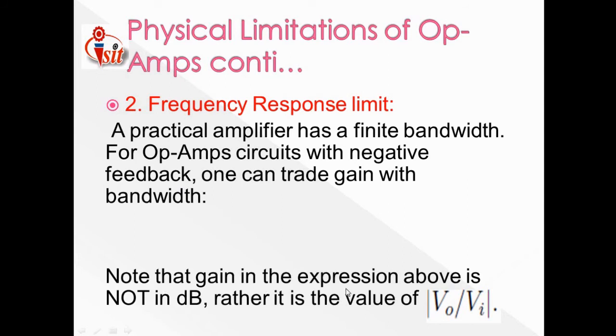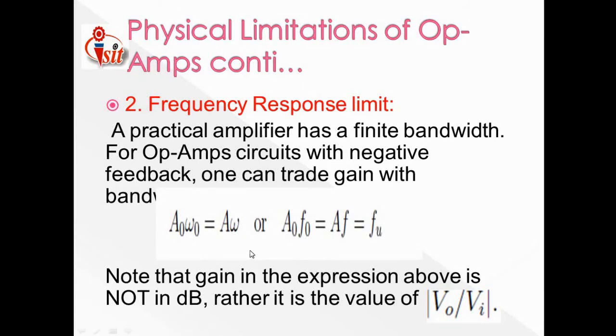Note that the gain expressed above is not in dB, rather it is the value of Vout divided by Vin. That means the frequency response curve shows the output voltage divided by the input voltage, so that gain cannot be converted in terms of dB. It is used as it is.